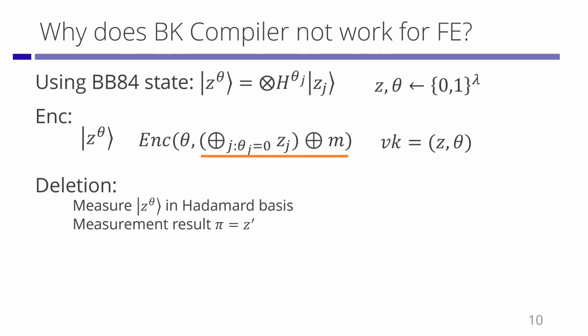So the intuition is like this: by measuring this BB84 state in either basis, the information about the other basis will disappear. We also want to note that in general it is impossible to copy a quantum state, and the BB84 state, in general, is impossible to copy. So this is the intuition of these two.